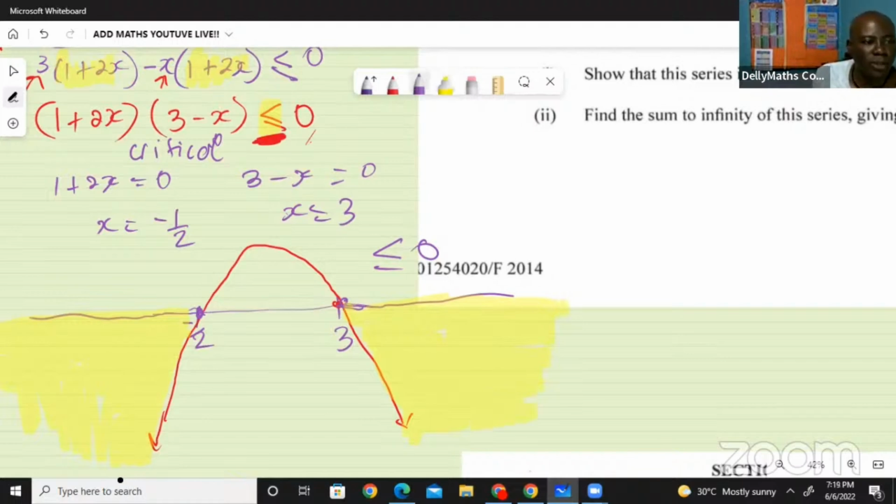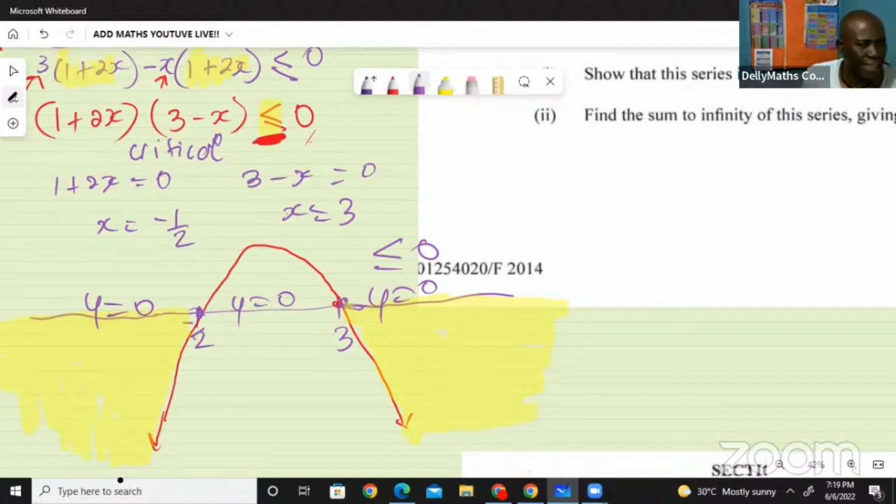Everybody would have known that this line is where y is 0. So we're looking at the yellow that I've shaded. We want to appreciate the fact that the curve is underneath the y equals 0 line there. And we need to represent that idea using our set notations, right? So we need to do that.